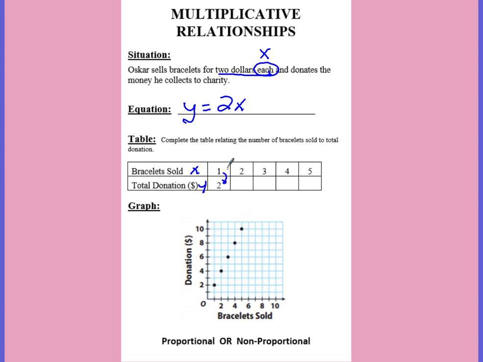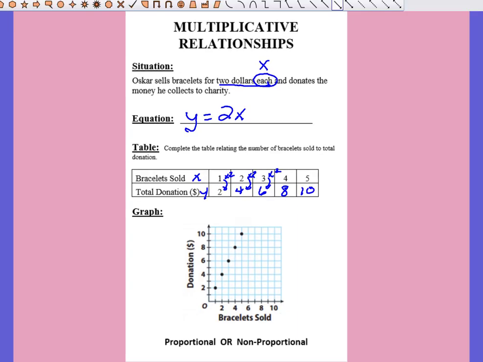1 times 2 is 2. 2 times 2 is 4. 3 times 2 is 6. 4 times 2 is 8. 5 times 2 is 10. And here's your graph. Plotted the points. If we were to go ahead and connect them, would it go through the origin?